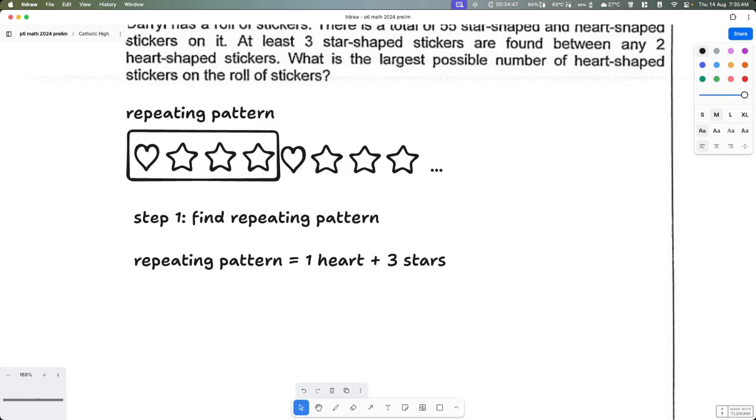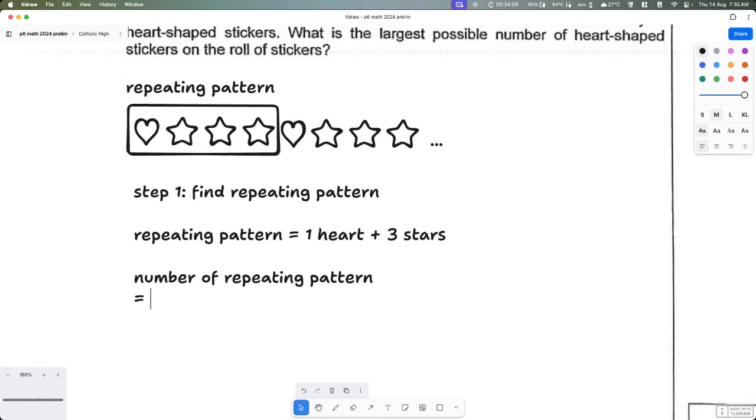Then just divide to get the number of groups of the repeating pattern. In this case it will be 55, divided by the number of shapes in a repeat, which is 4 shapes.